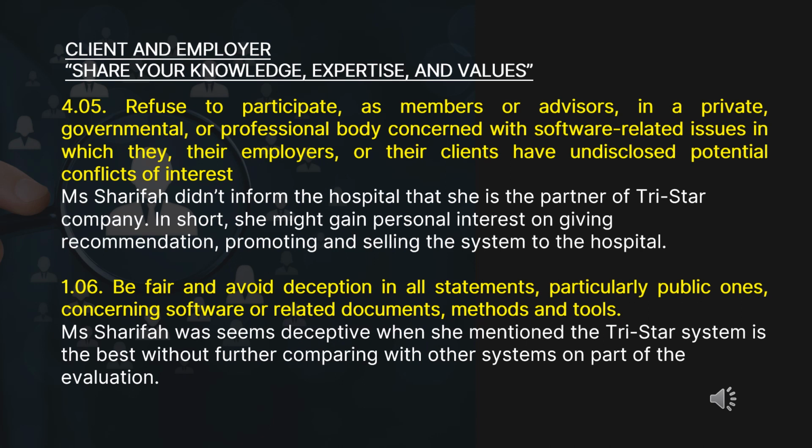Next, clause 1.06, be fair and avoid deception in all statements, particularly public ones, concerning software or related documents, methods, and tools. Ms. Sharifah seemed deceptive when she mentioned the TriStar system is the best without further comparing with the other systems as part of the evaluation.